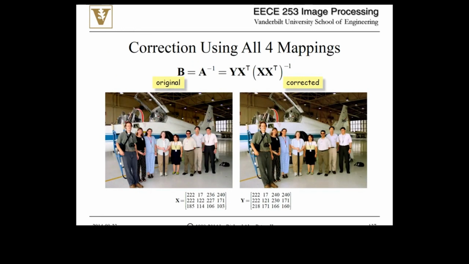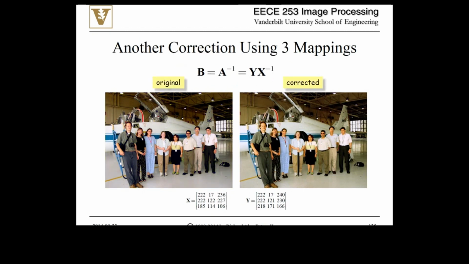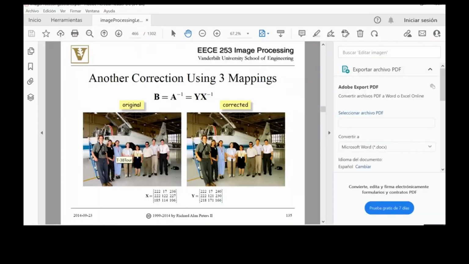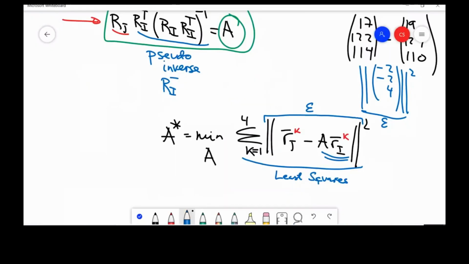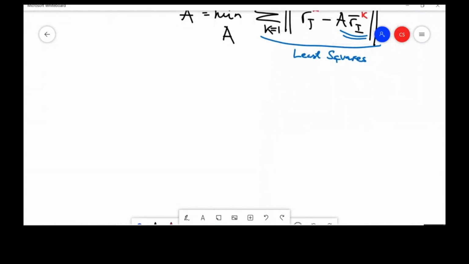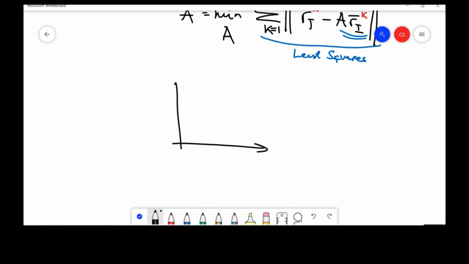So what is the equivalent of taking the 4 pairings or just 3? Let's do it in 2D again, because this is something we can do easily. We have x1, we have x2, and then we have our 2 lines.